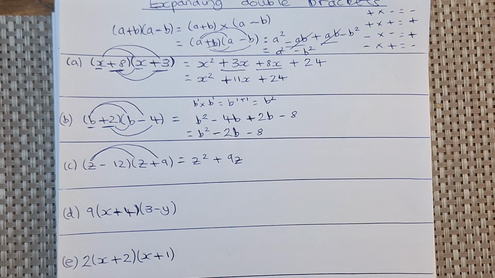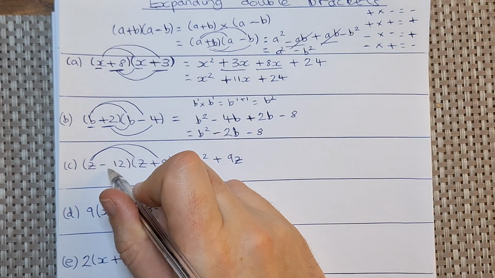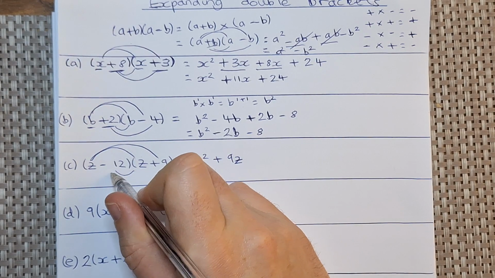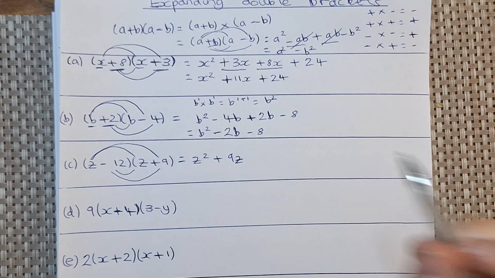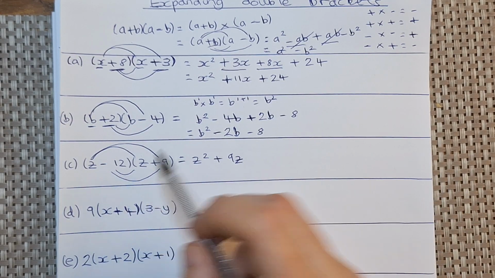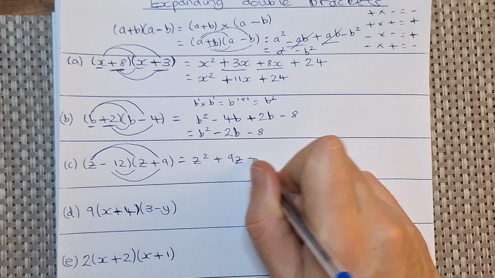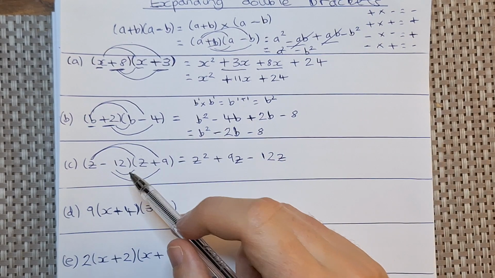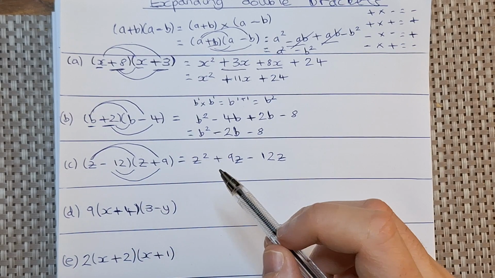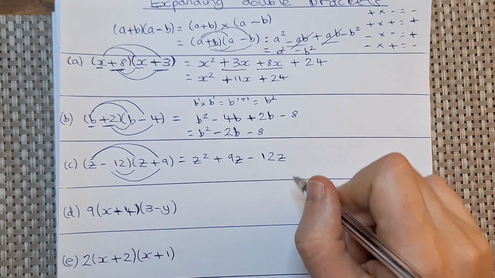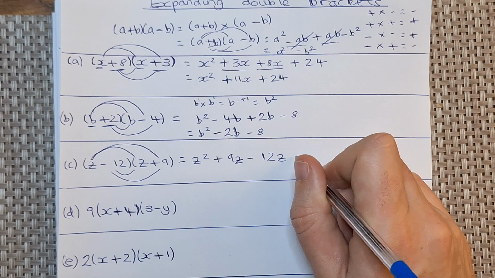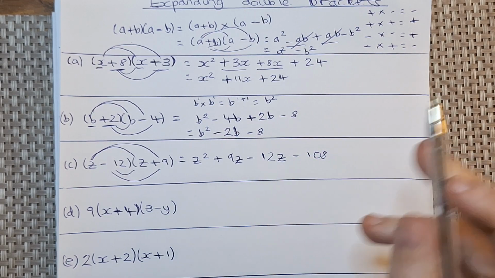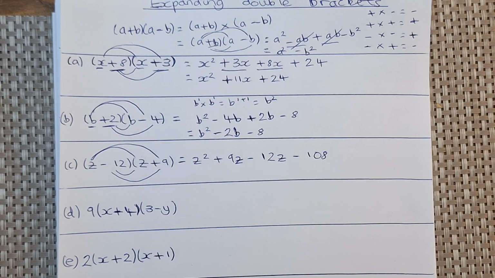And then we multiply this term here by this, and then this term here by this. So minus 12 times z, which is minus 12z, and we've got minus 12 times 9, which is minus 108. We've got a minus times a positive.